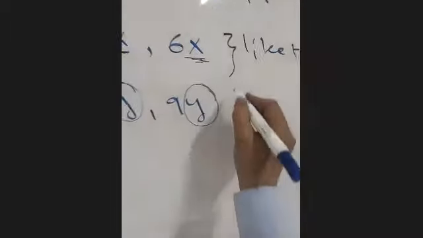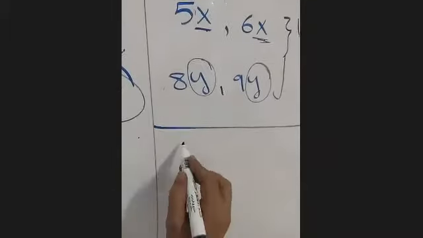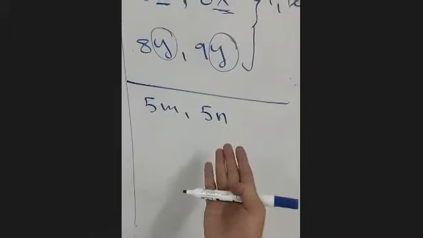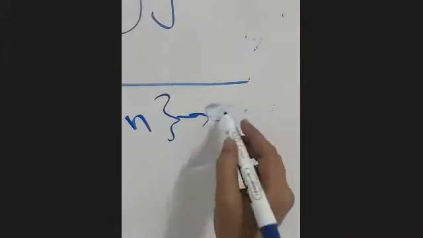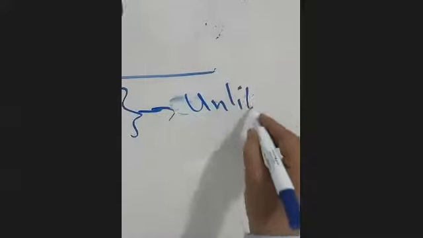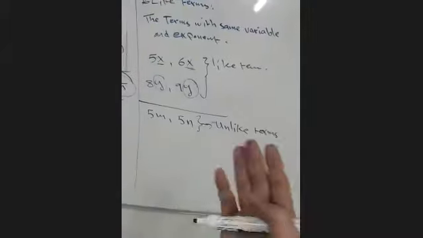These are also like terms. If I say, for example, 5m with 5n, these are unlike terms. They are not like each other, okay? So in math, we have like terms and unlike terms.